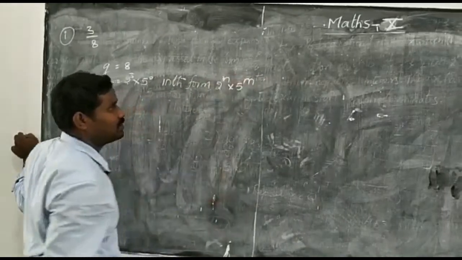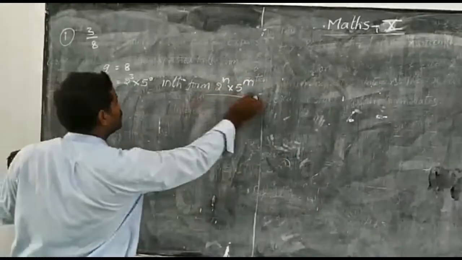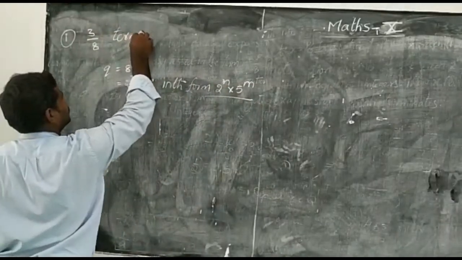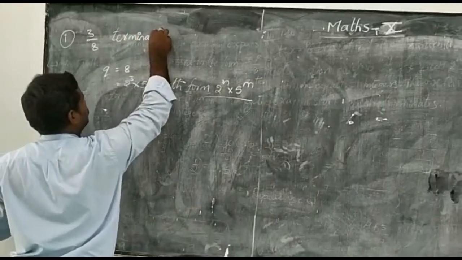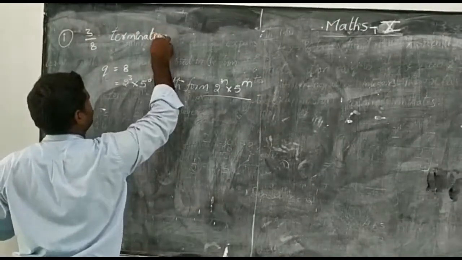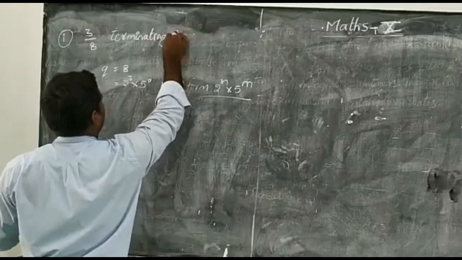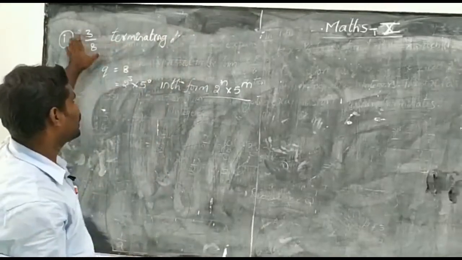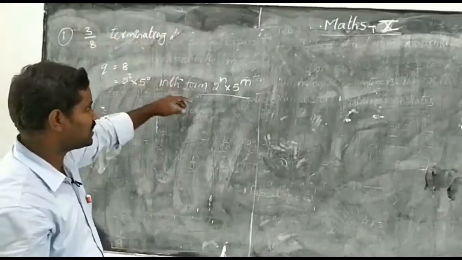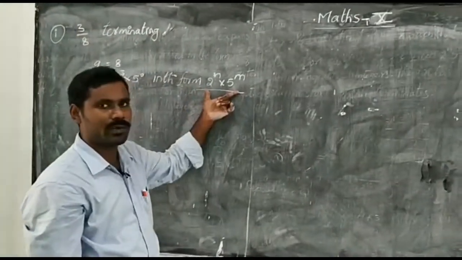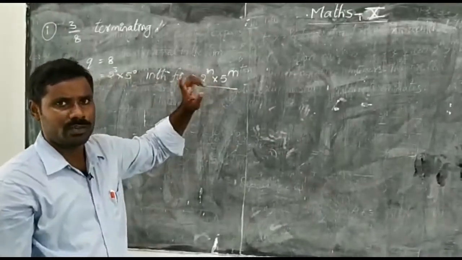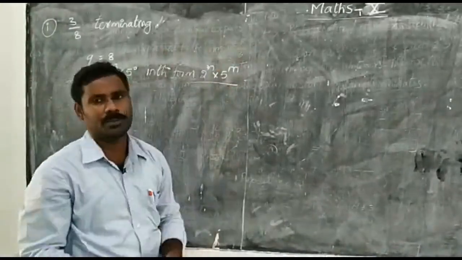Now the number 3 by 8 is a terminating decimal. How do we say it is? It is in the form of 2 power n into 5 power m. The denominator is in the form of 2 power n into 5 power m by theorem 1.4.